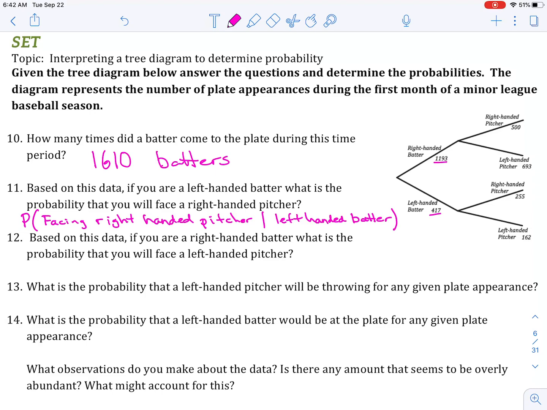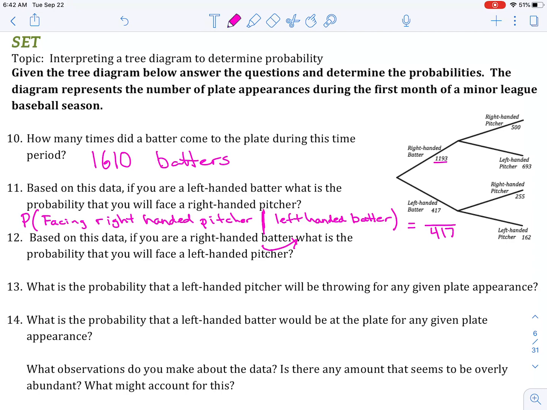All right, so I know that my denominator for my probability fraction is going to come after this line. You could even think of this as a fraction bar for now, okay? So my denominator is going to be left-handed batters. Well, how many left-handed batters are there? There's 417.